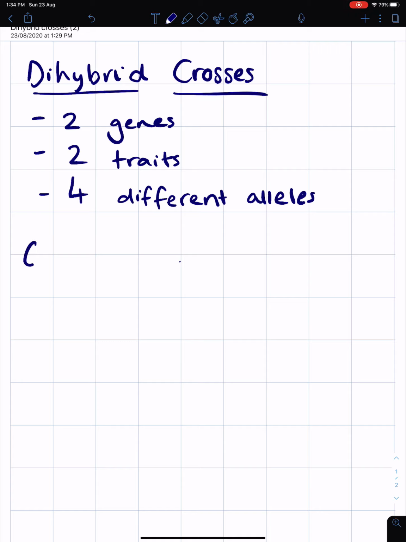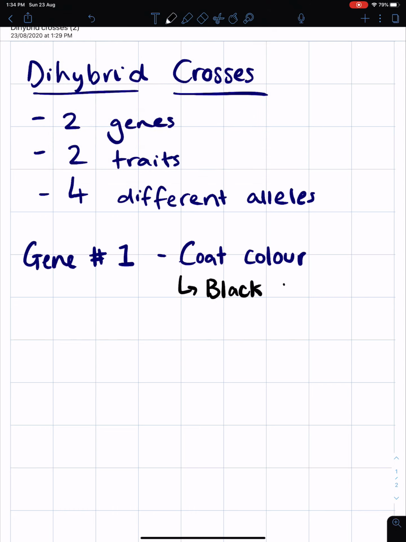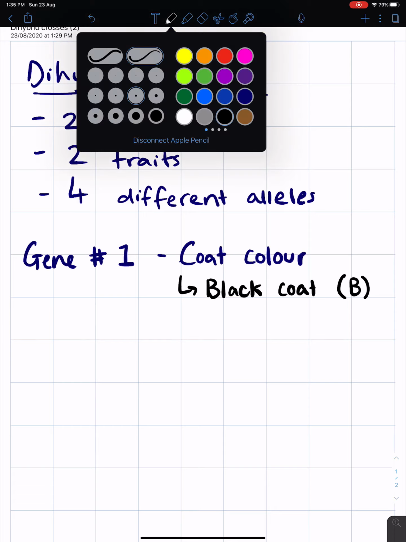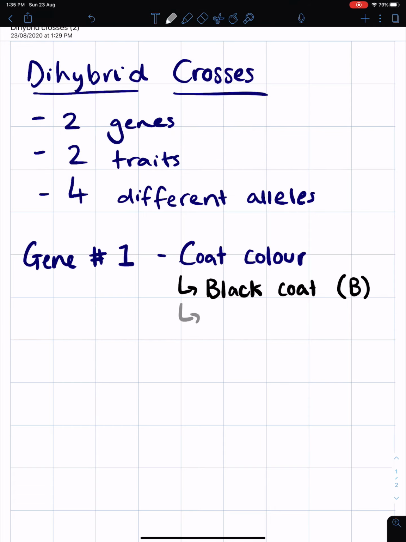So we've got gene number 1 codes for coat color, and it tells us that you can have a black coat, which is actually dominant and it is given a big B, or you can have a white coat.